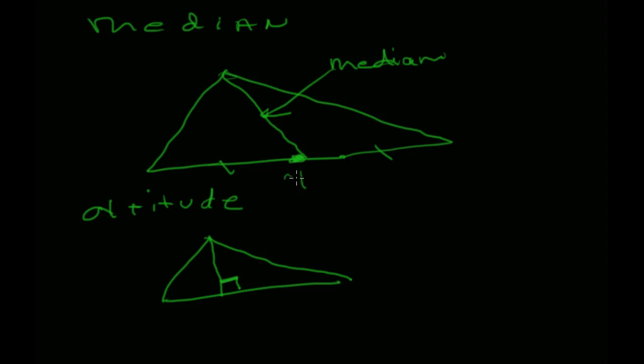So this one connects to the midpoint. This one is perpendicular to the vertex. And that's kind of the difference between medians and altitudes.